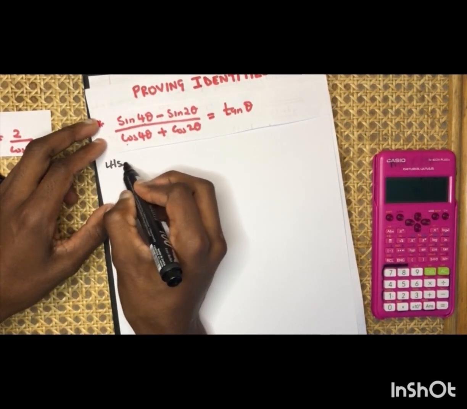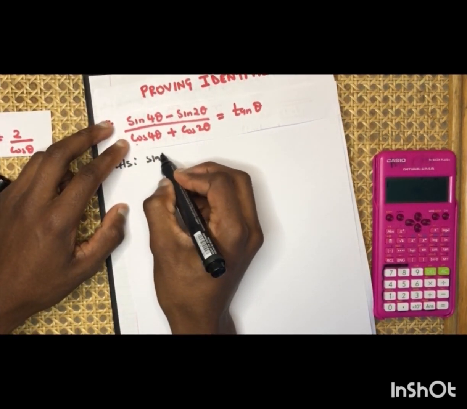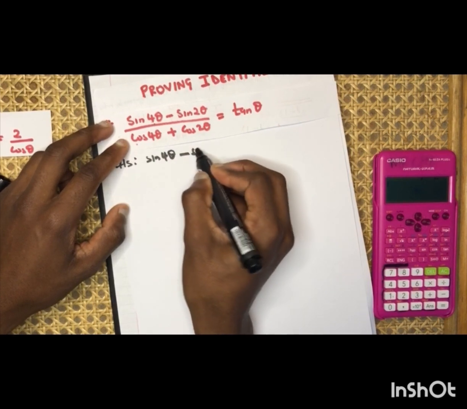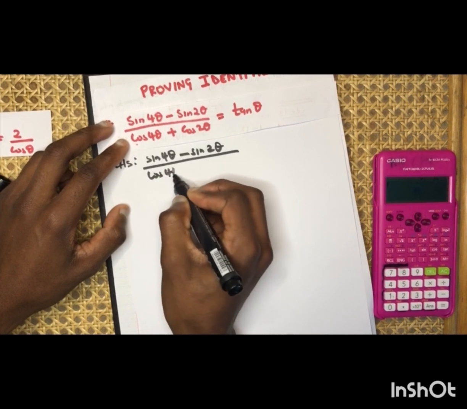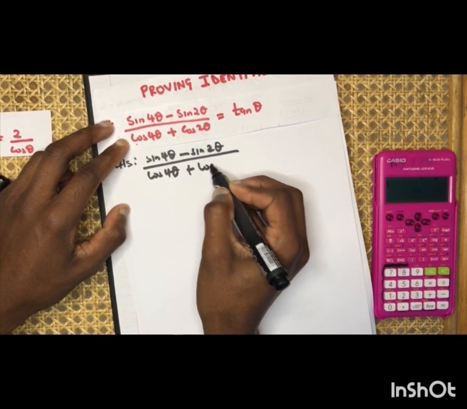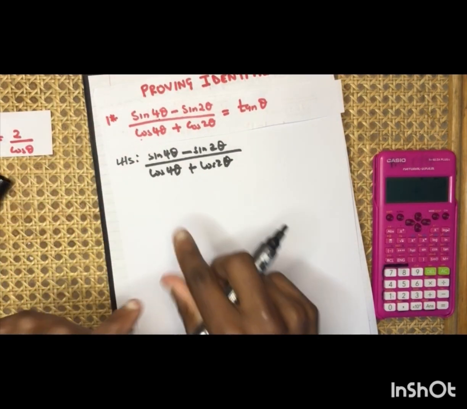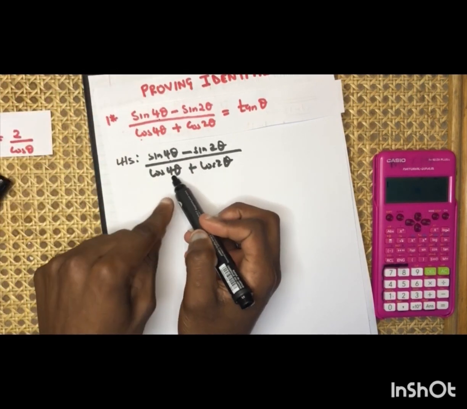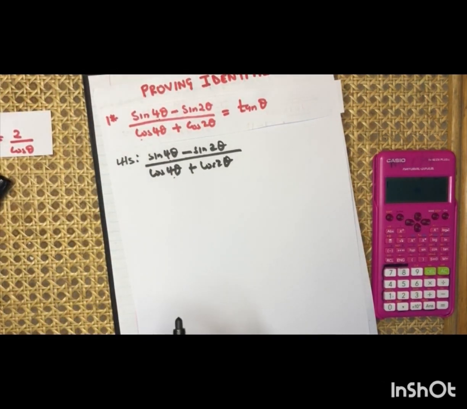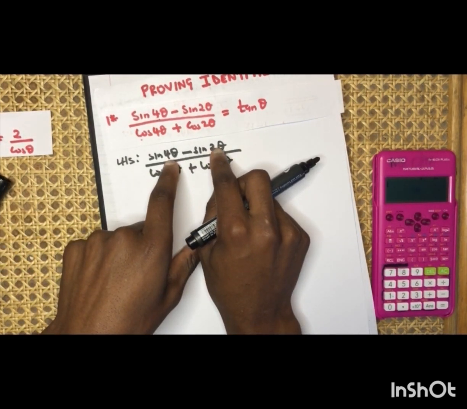If I'm taking the left hand side, we're given sine 4 theta minus sine 2 theta over cos 4 theta plus cos 2 theta. In this case, guys, this 4 is above your double angle, and this 4 is above your double angle. So notice that if I add 4 theta plus 2 theta and divide by 2, 4 plus 2 theta gives 6, then you divide by 2, and you get 3 theta.